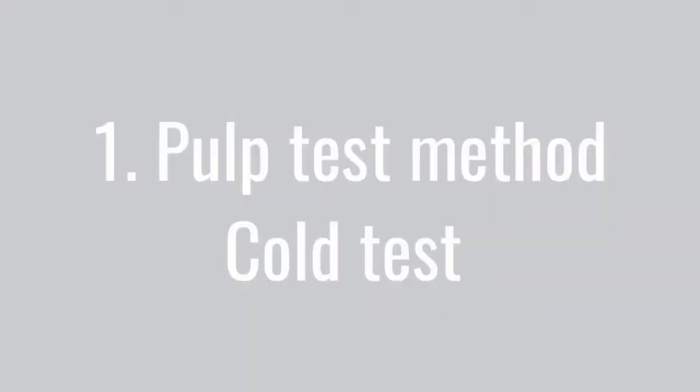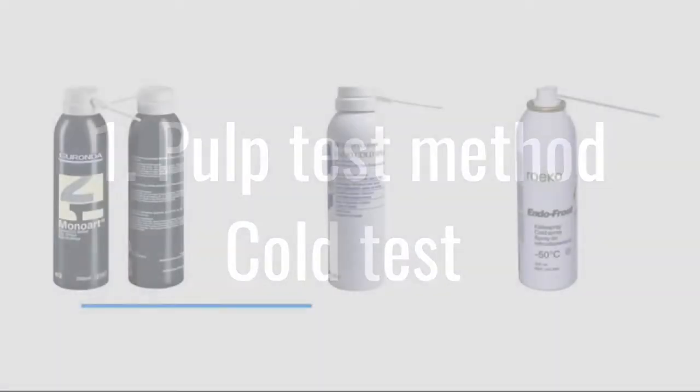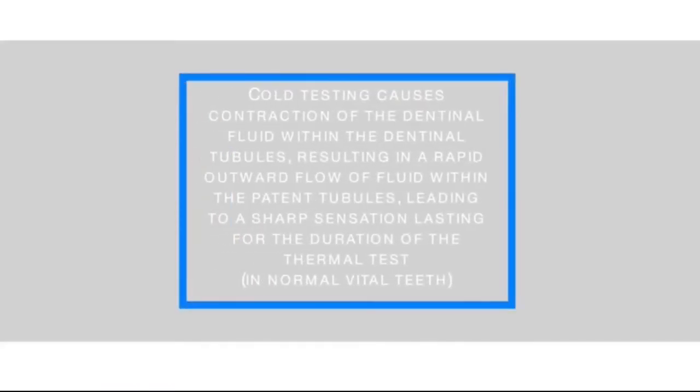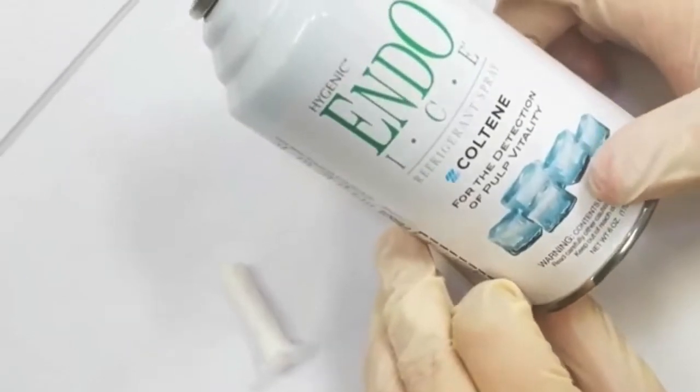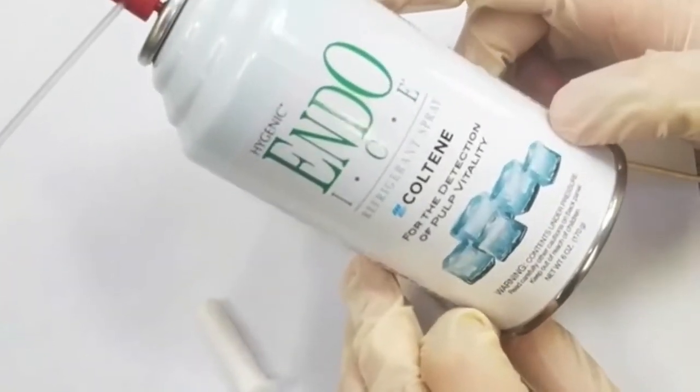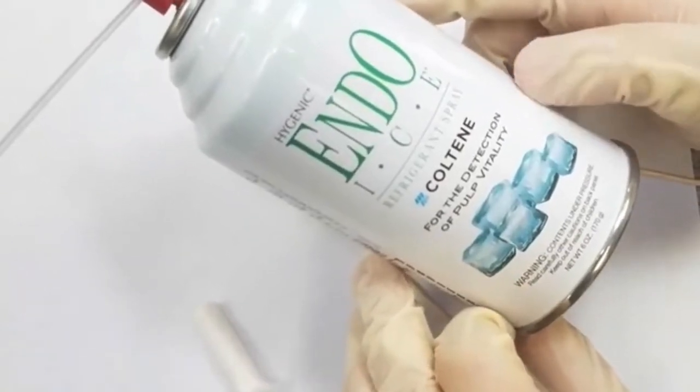The cold test is one of the most commonly used tests to diagnose a tooth for its endodontic health and disease. The commonly used chemical for this is Endo-Ice, which is dichlorodifluoromethane, which runs around negative 30 degrees Celsius.